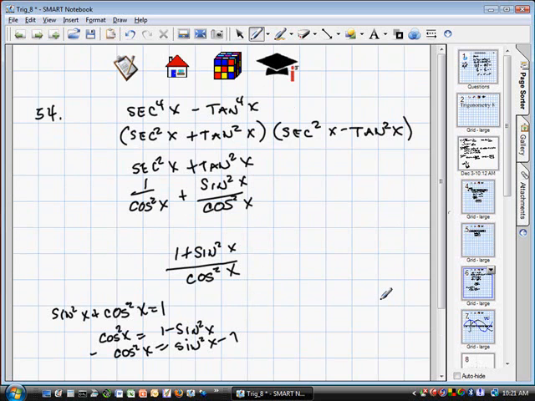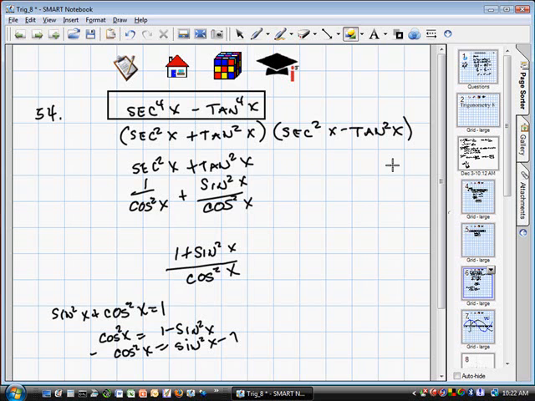Okay, now here's a little bit more challenging one. We start with, and maybe I should box it off again so we're consistent, the expression in the rectangle, secant fourth x minus tangent fourth x. No trig identities give me a clue here as to what to do.